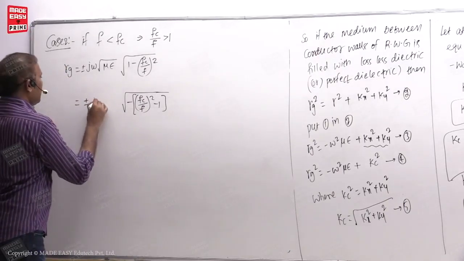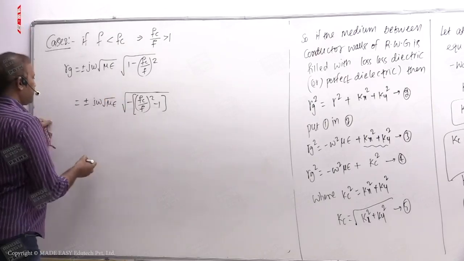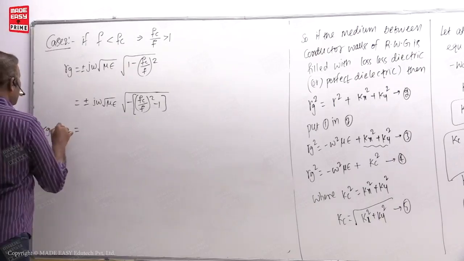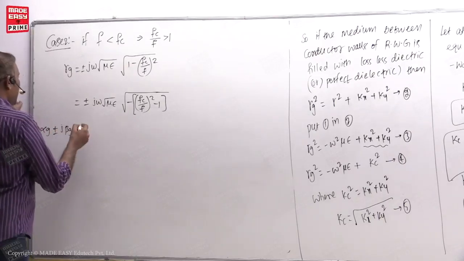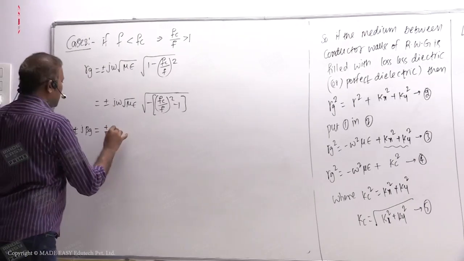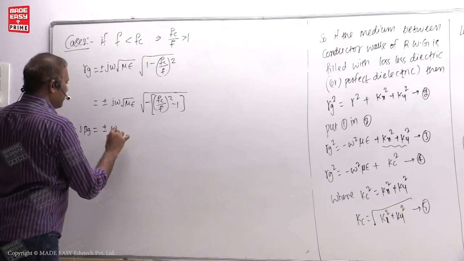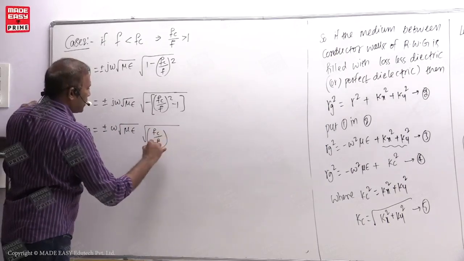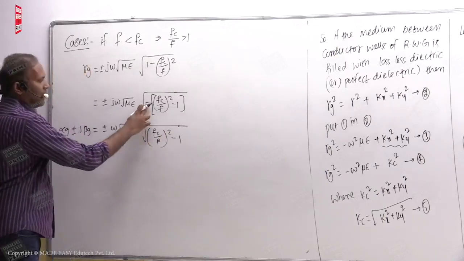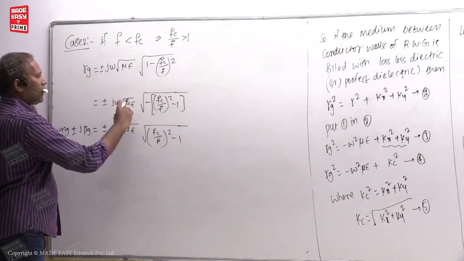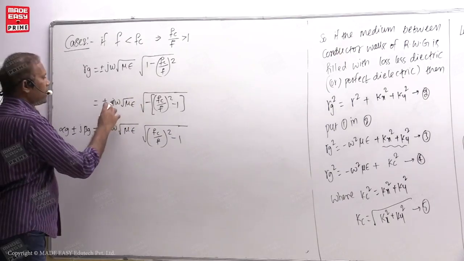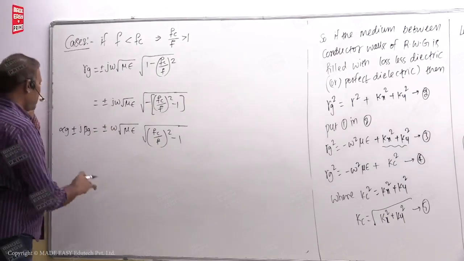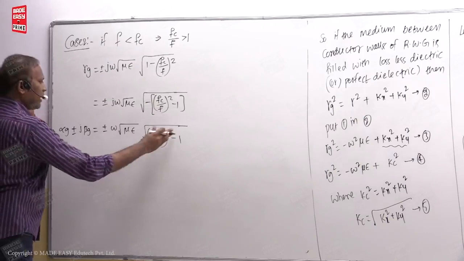So plus or minus j omega root mu epsilon, that becomes, this gamma g is alpha g plus or minus j beta g, and this is nothing but plus or minus omega root mu epsilon root of (fc by f) whole square minus 1, student, because minus 1 is j square, it came out, it has become plus minus j into j square minus 1. Anyway, you got real, that is important. If you compare both sides, this has become real, student.